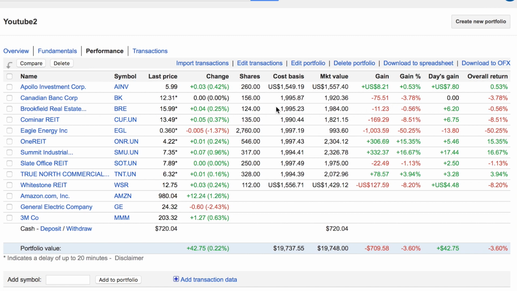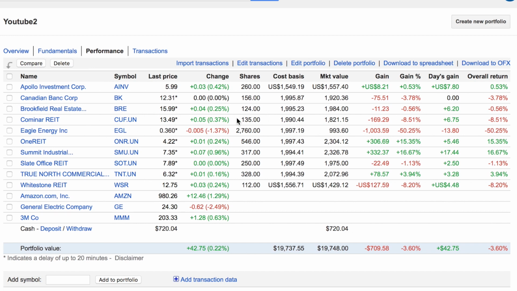So we're talking about original investment, the cost basis, and percentage-wise market value. And then the days gain, again, relates back to how many shares we have, 124, and how much that's gone up. So 4 cents times 124 gives us the $6.20 days gain.